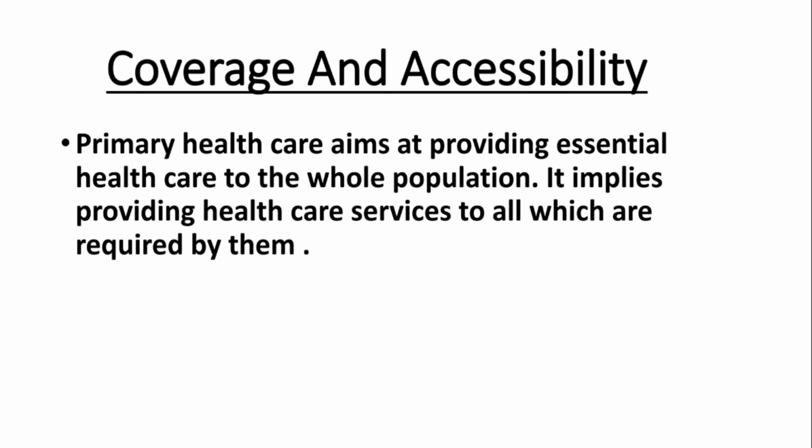As an example, the population at risk, the needy population who need first priority, are children, mothers, the elderly, and adolescents. Those are the high-risk populations and the first priority of primary healthcare services.